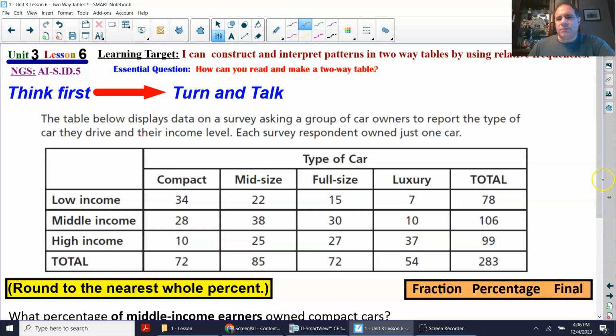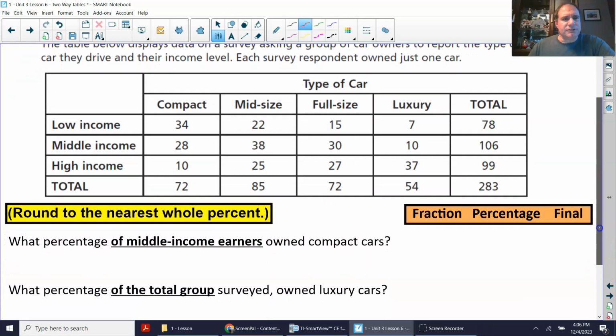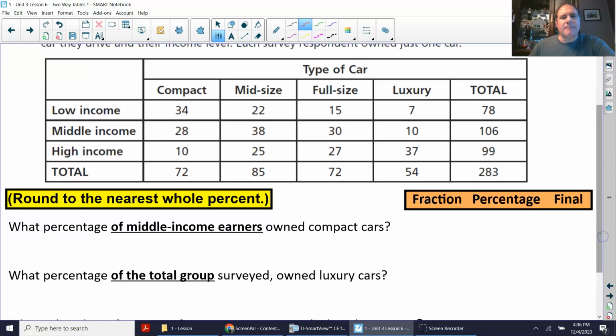All right, so let's talk about this. This is a survey about compact cars, mid-size, full-size, all drivers on what they own. It says, what percentage of middle-income earners? Stop. Middle-income earners. So let's talk about middle-income earners, 106.